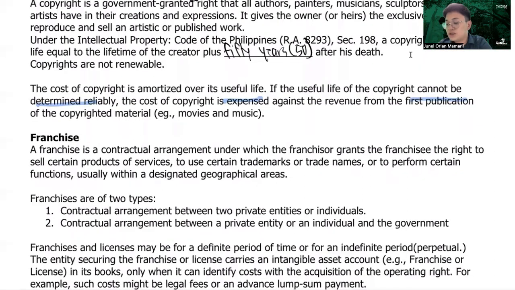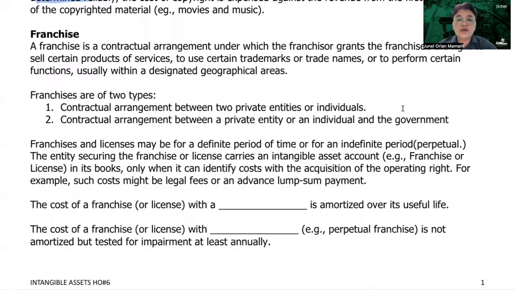Next, franchise. It's a contractual arrangement under which the franchisor grants the franchisee the right to sell certain products or services, to use certain trademarks or trade names, or to perform certain functions, usually within a designated geographical area. Ayan. So we have two types, between two private entities or between a private entity or an individual and the government. Ayan.